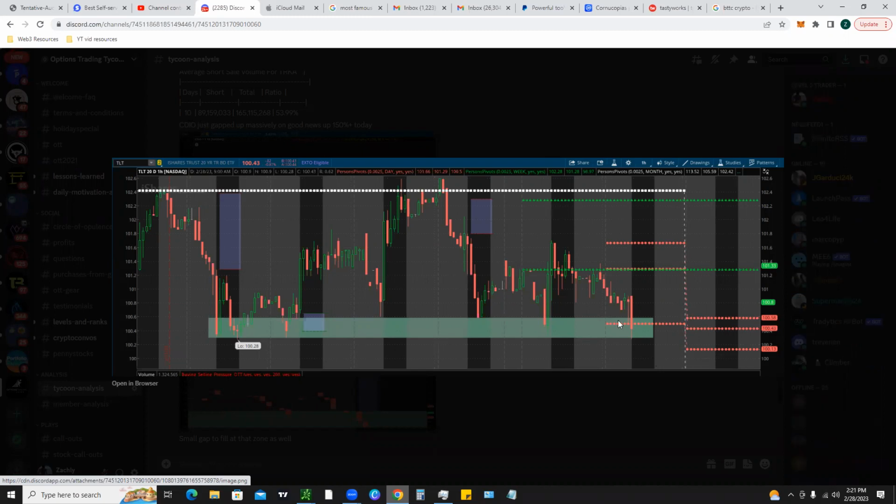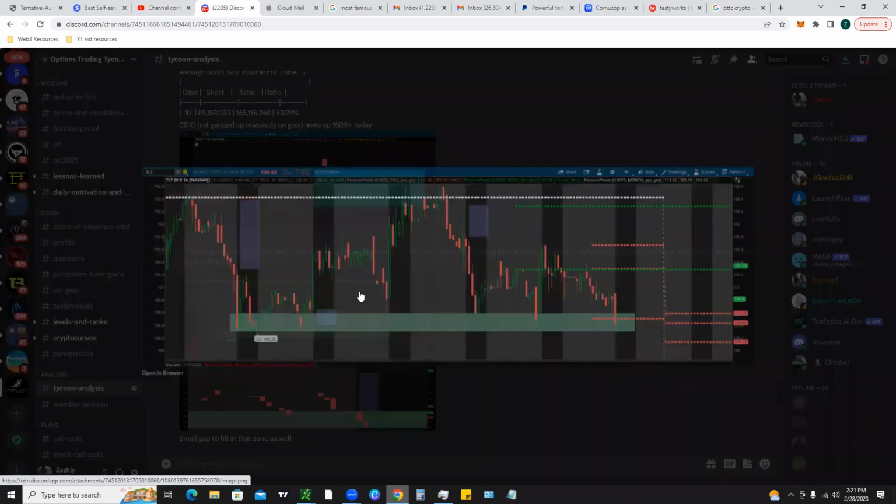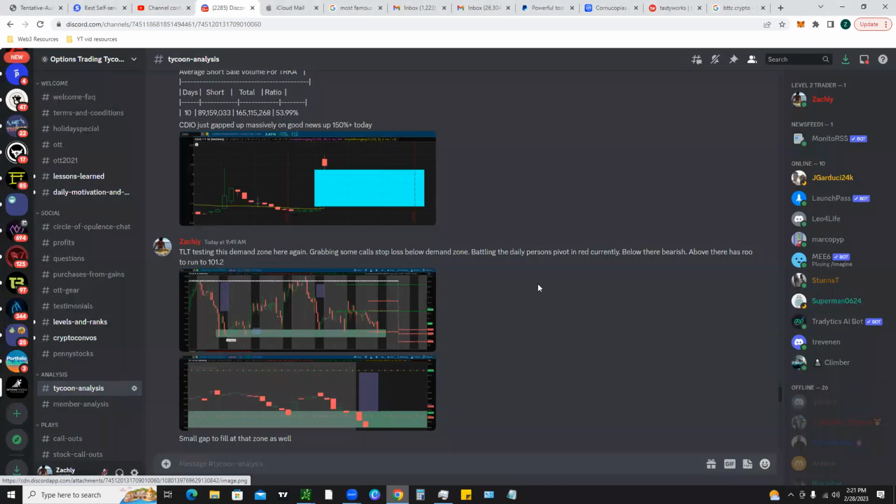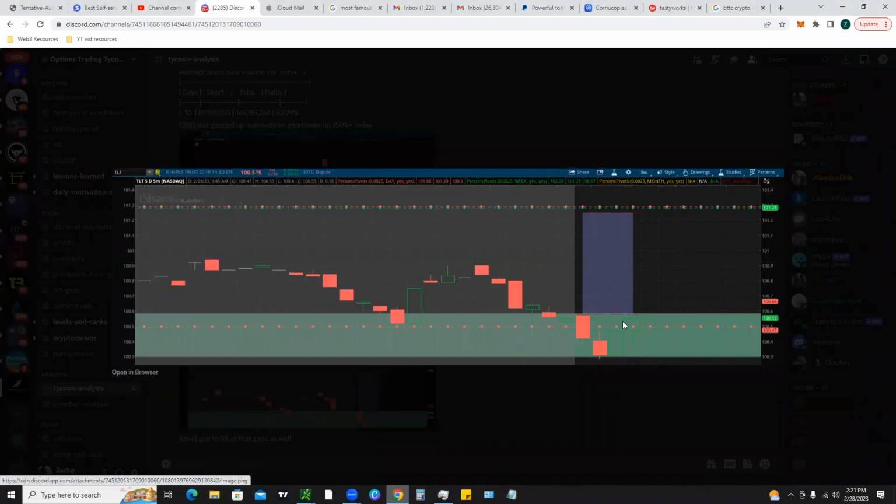This is what I was looking at. I also zoomed down to a smaller time frame and spoke about the pivot level, that above there we had the chance of filling this gap right here. Ultimately, that gap did end up filling, and it was a nice move.